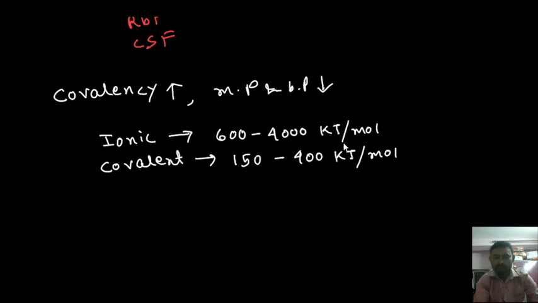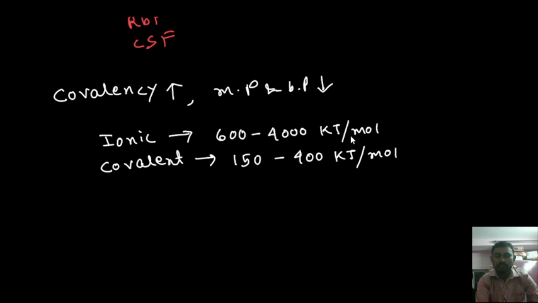As it is formed by sharing of two electrons, its energy is less with respect to the ionic, because an ionic bond is formed by electrostatic or Coulombic interactions, so it is the strongest bond. That's why its energy is higher with respect to that of the covalent bond.